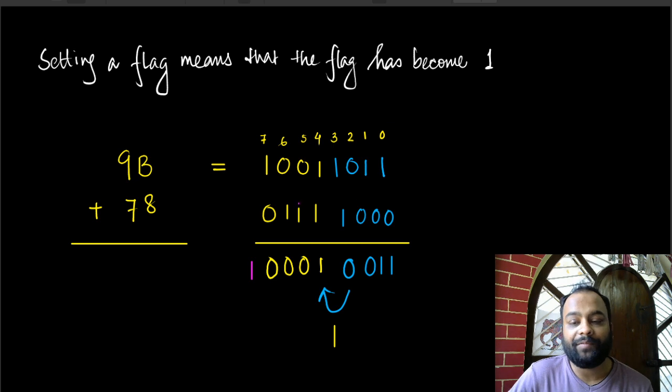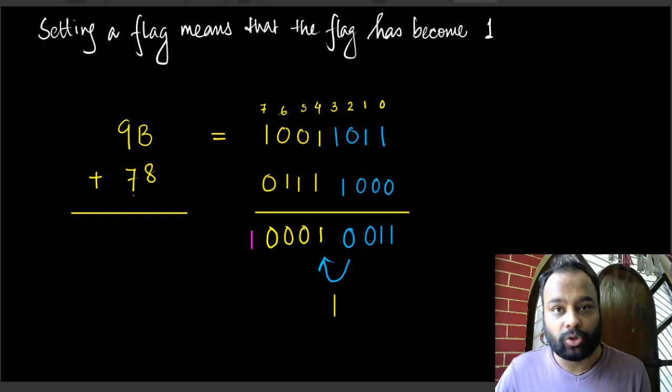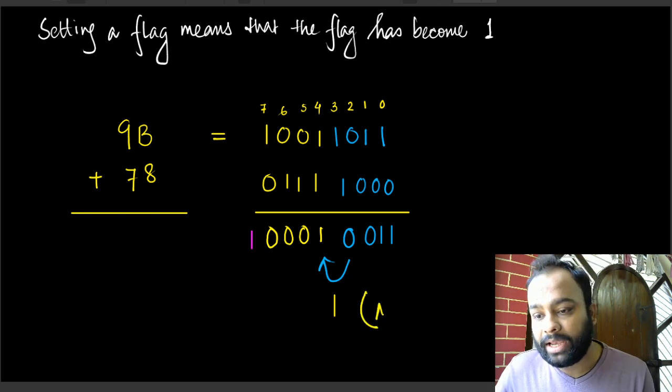Right? So after doing this addition, if with the microprocessor I add these two numbers, not only will the carry flag be set, the auxiliary carry flag will also be set. Because of this, the auxiliary carry flag will be equal to 1.